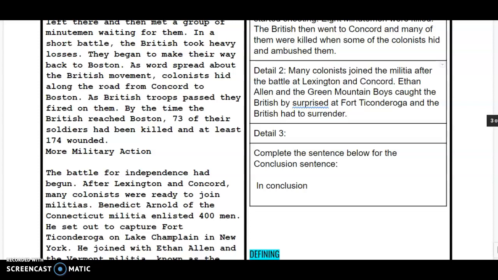All right, so I'm going to stop right there, and then I'll be back with the third detail, and then I'm going to give a concluding sentence.